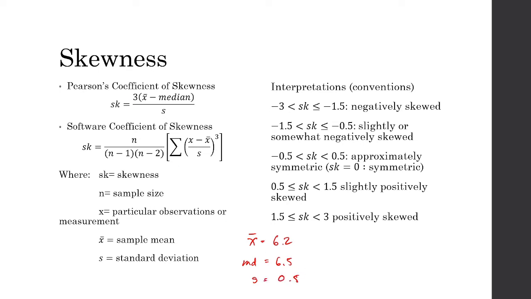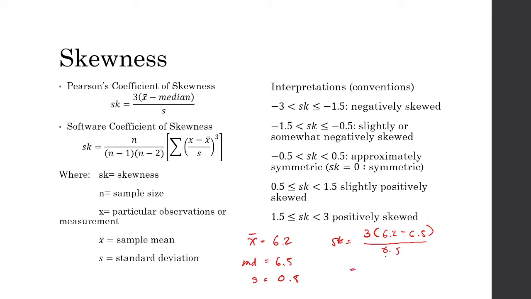Using dispersion coefficient of skewness, we can just substitute the values of our mean, median, and standard deviation to our formula wherein we will have 3 multiplied to our mean which is 6.2 minus our median which is 6.5 over our standard deviation which is 0.5.